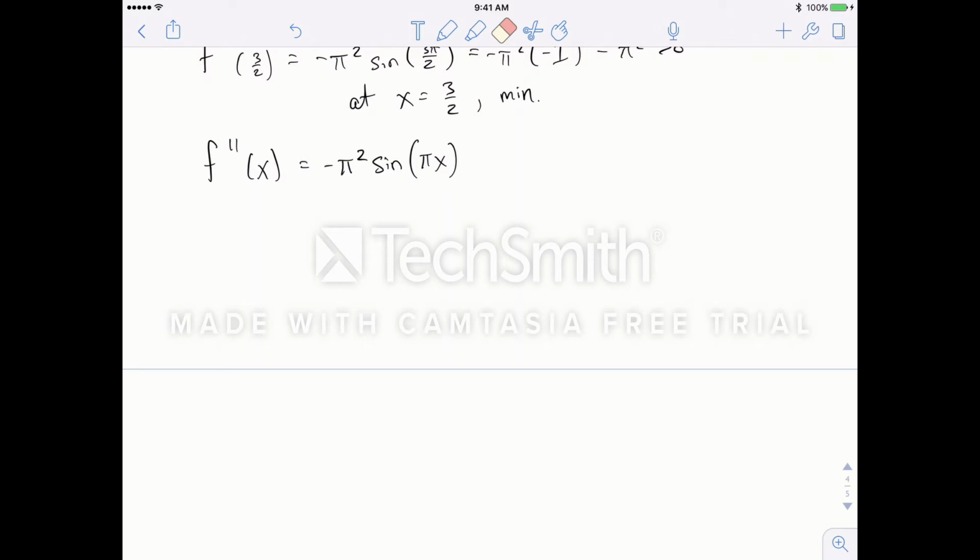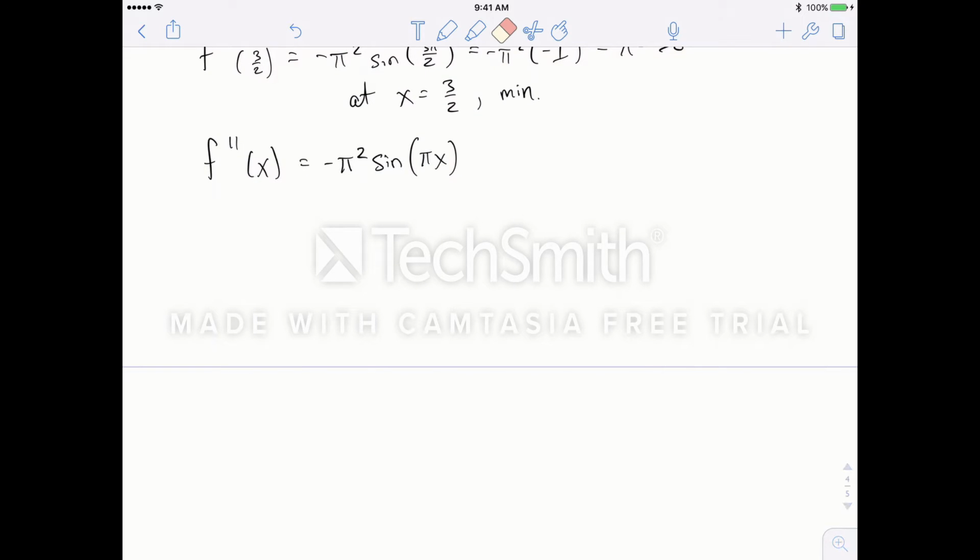We want to find when the second derivative is positive and when it is negative. So we can do that by finding out when it's 0 and looking at either side of it. So let's find out when this is 0, also known as the inflection points of our function.